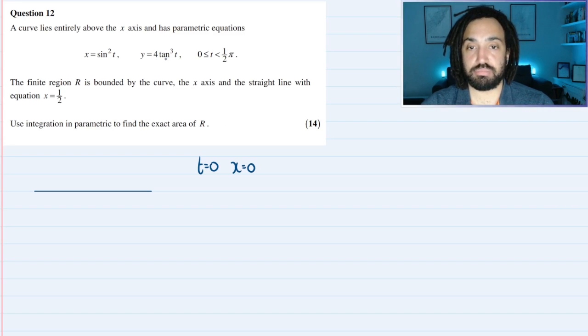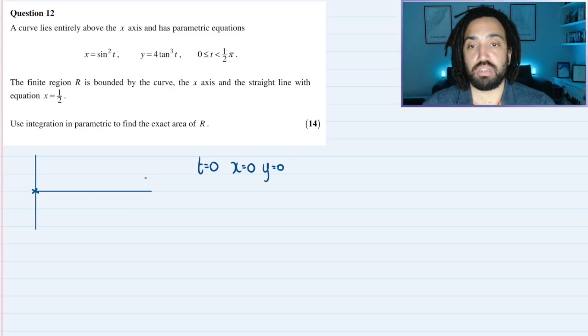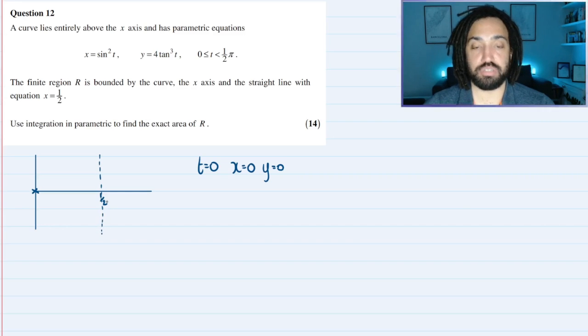And tan of 0 is 0 as well, so it gives me y equals 0. Okay, so I know it goes through the origin. We're saying x is equal to a half. So let's say a half is here, so that is going to be our boundary line that we're integrating to.